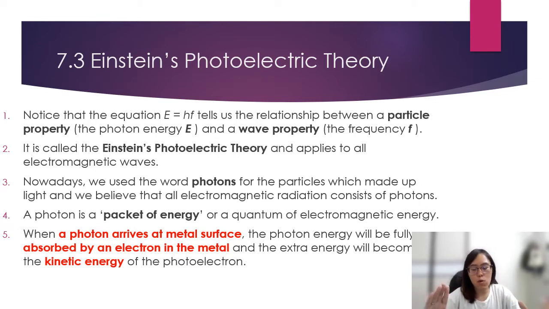In the previous subtopic we learned what the photoelectric effect is: a process where a metal is illuminated by a beam of light with a certain frequency, and electrons are able to be emitted from it. So this is the photoelectric effect.